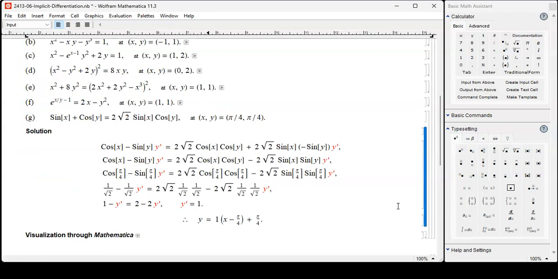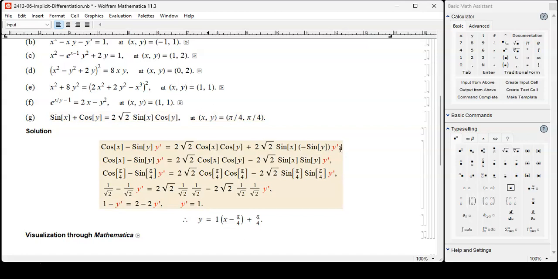Okay, here we go. Sine becomes cosine, cosine becomes negative sine, but y prime pops up by chain rule. And then product rule. Sine becomes cosine and the second function and first function stay the same. Cosine becomes negative sine, but y prime.